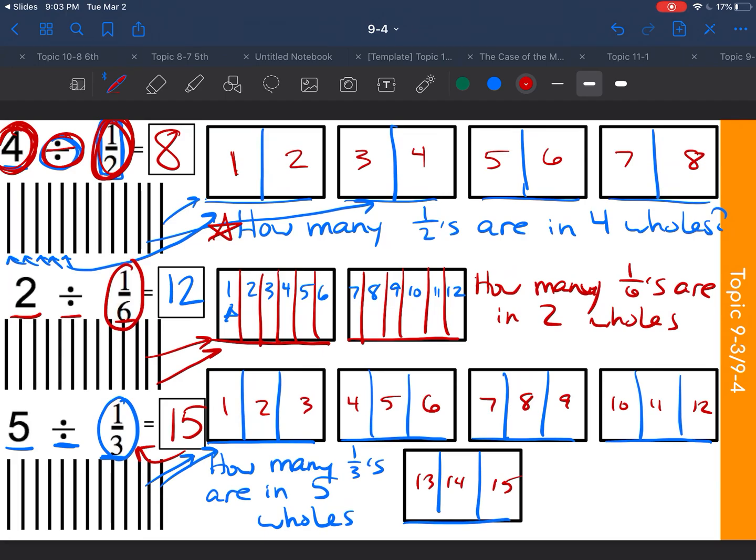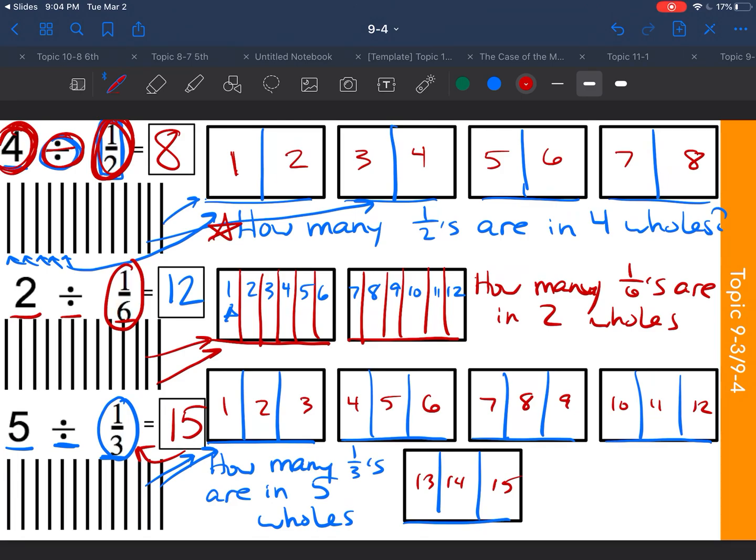It does seem very familiar to your multiplication models as well. They are similar because fractions and division go hand in hand with multiplication. We can use multiplication to help us divide.